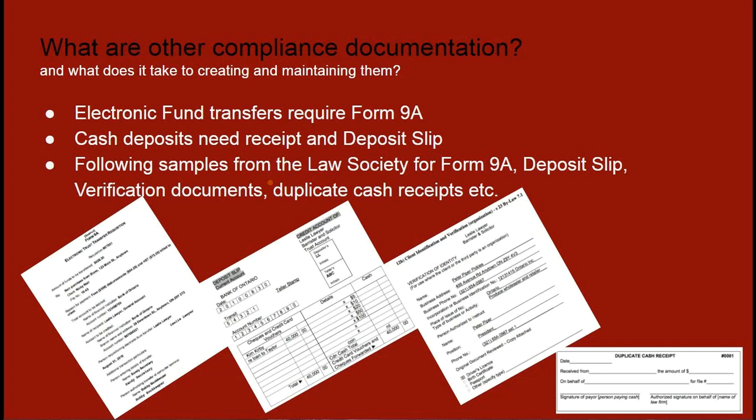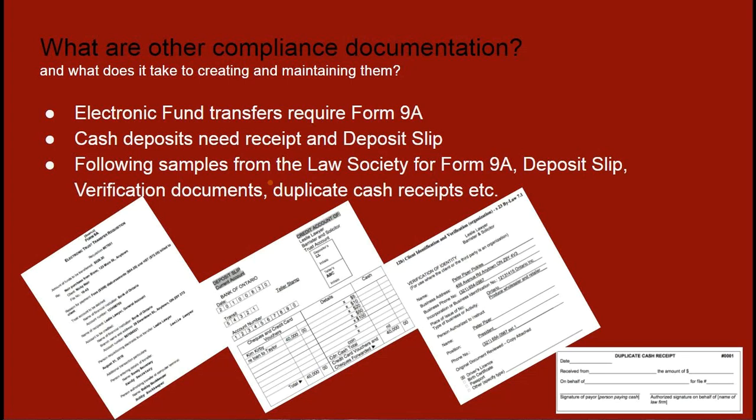You're walking into the actual bank, and you're depositing it with a teller and getting a deposit slip, which clearly states, yes, $700 was deposited on this date. That's important because that's proof of you having deposited that money.